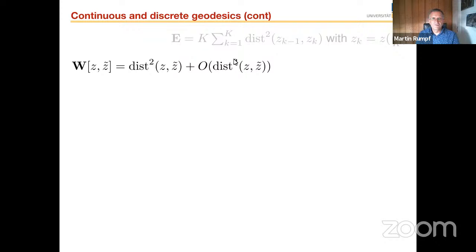So what we do is we just replace this, up to higher order terms, by a function which should be easy to compute, W(Z, Z tilde). Indeed, this function in our context is precisely the elastic energy which we've used to define the metric. It's at hand, and it's easy to compute the derivatives of that.